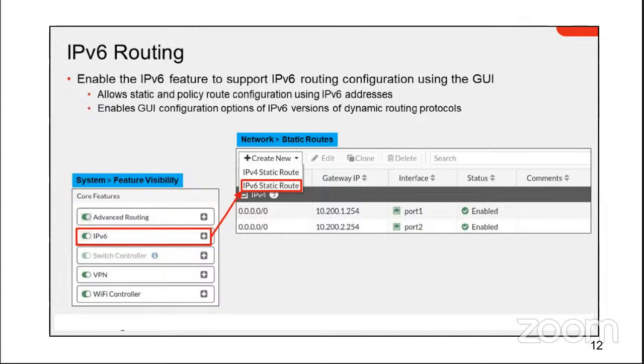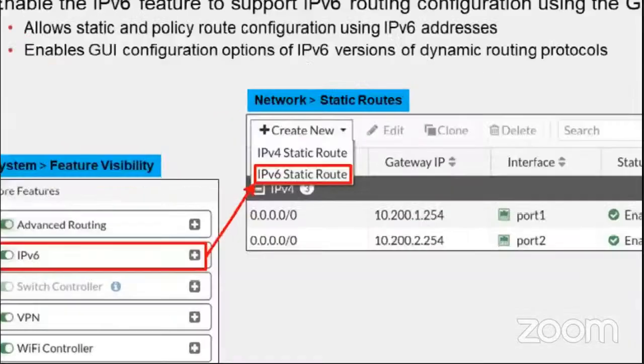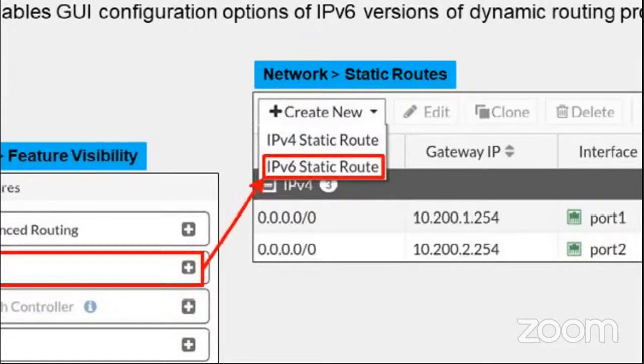If you do not have IPv6 enabled, you click on create new and it gives you the option to create a static route. If you have IPv6 enabled, once you click on create new, it shows you another option of what route you want to create: an IPv4 or an IPv6. Then, according to the option you choose, you will be presented with those options in the FortiGate firewall static routes.